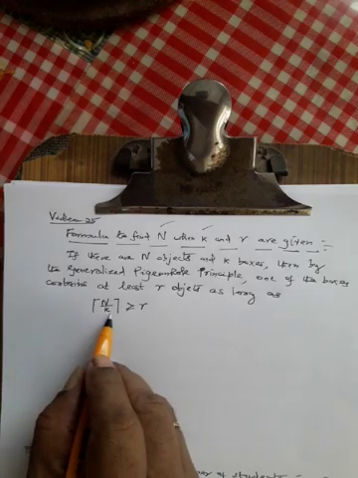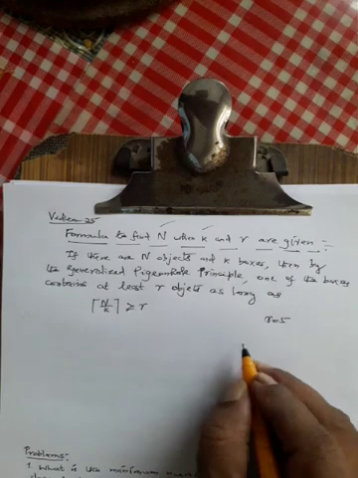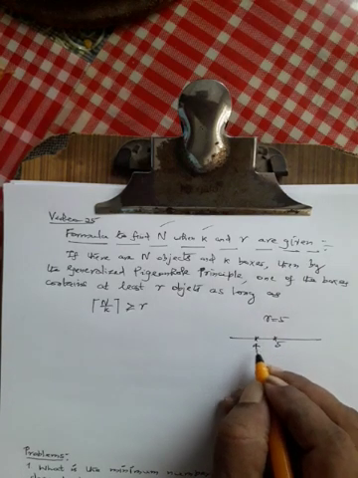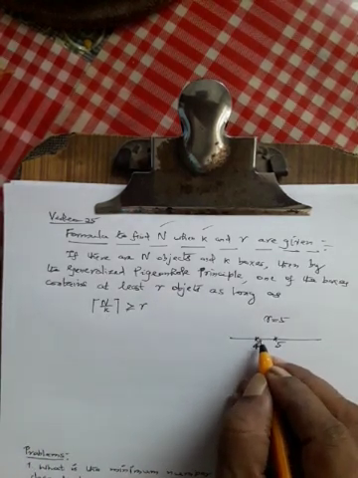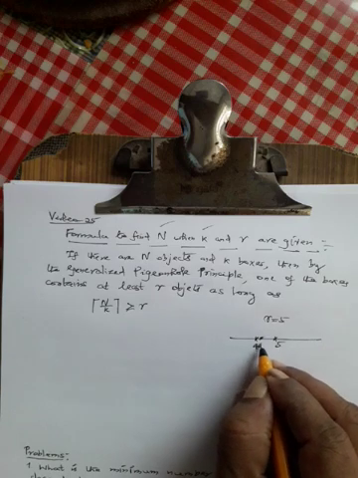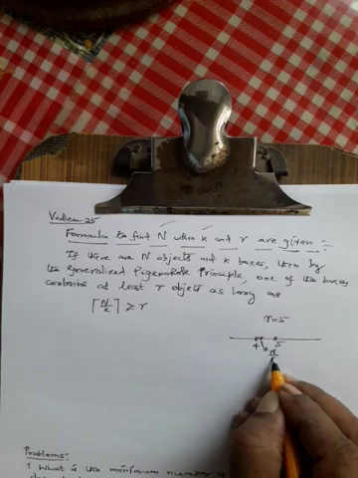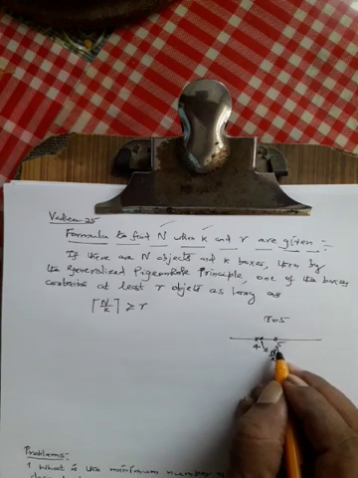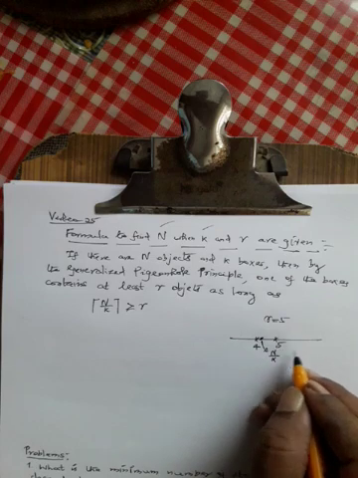The ceiling function n by k greater than or equal to r means, say r is equal to, for example, 5. So this is 5 and this is 4. So your n by k must be greater than 4 so that the ceiling function is the next integer 5.